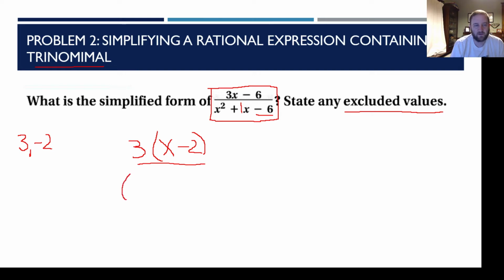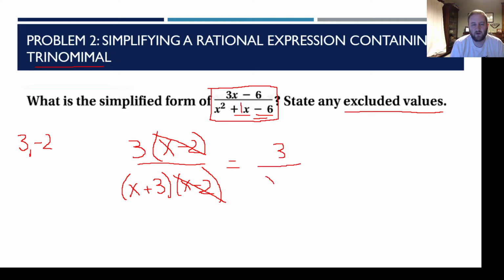So we could split this up into x plus 3 times x minus 2, right? 3 times negative 2 is negative 6, and then 3x minus 2x is positive 1x, okay? So now we've got x minus 2 on top and on the bottom, which we can cancel out, and then we're left with 3 over x plus 3 on the bottom.